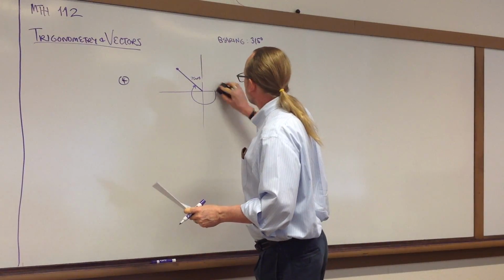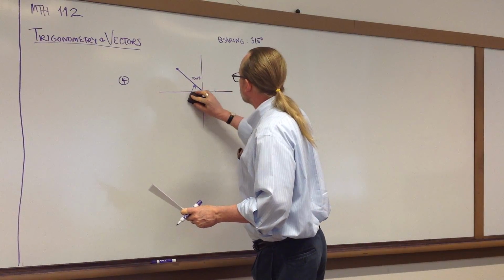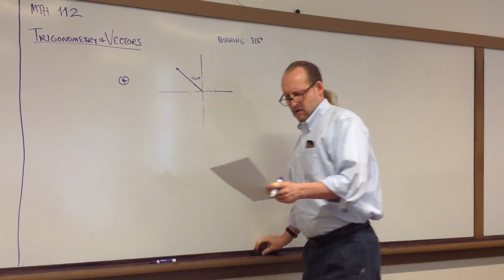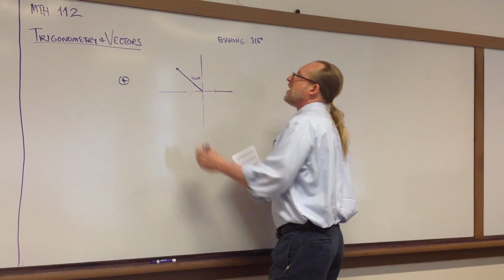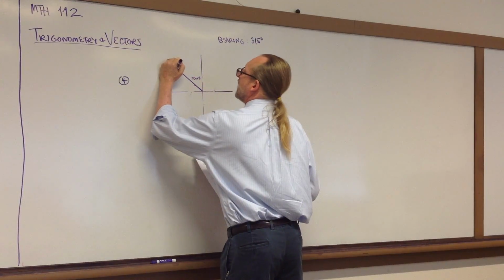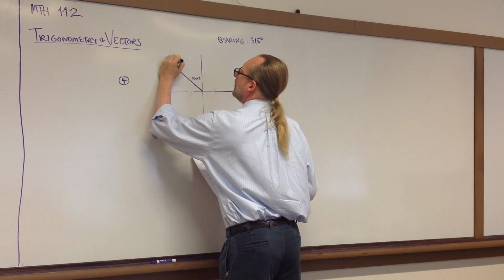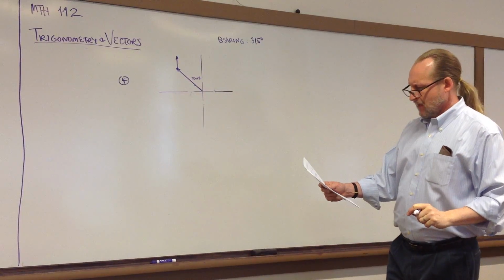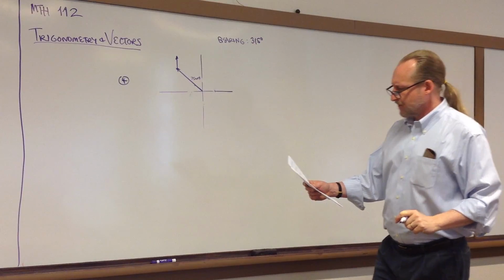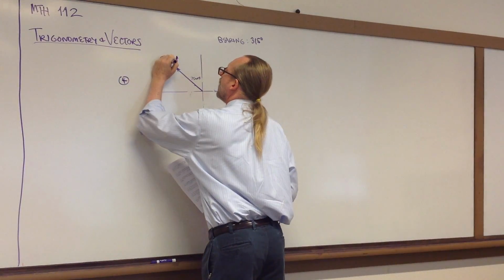Okay, now what's the wind doing in this situation? The wind is from the south, so it's blowing south to north. So that means if we want to put it onto the end of the airplane's vector, it'll look something like that. And that one is blowing 40 miles per hour.